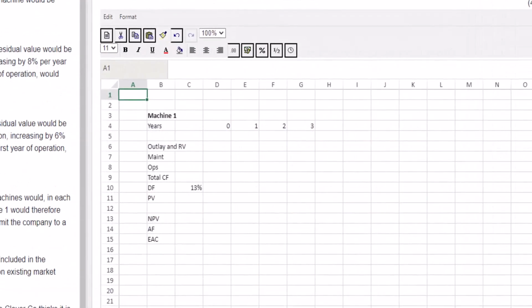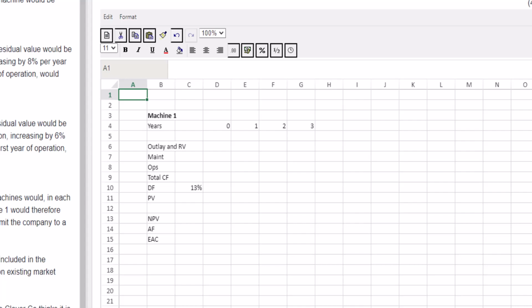So here is the layout for the net present value calculation for machine 1. I've scheduled out the years on the top and then scheduled out my cash flows, getting a total cash flow, the discount factors at 13%, and then below I'm going to calculate my equivalent annual cost by finding the net present value and dividing by the annuity factor.